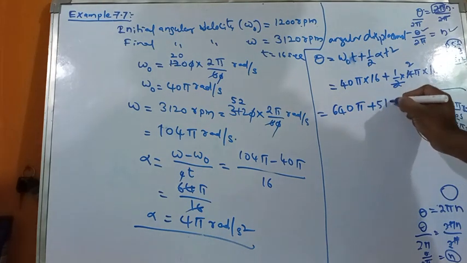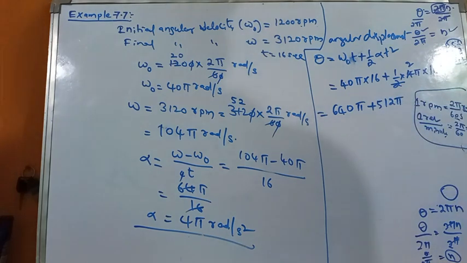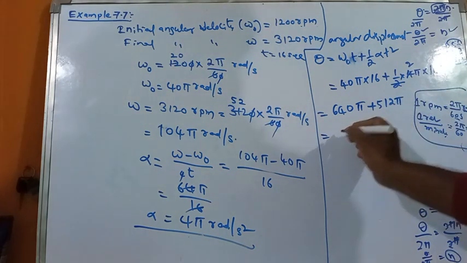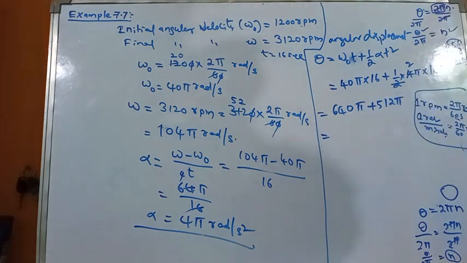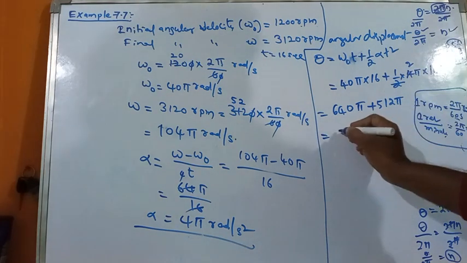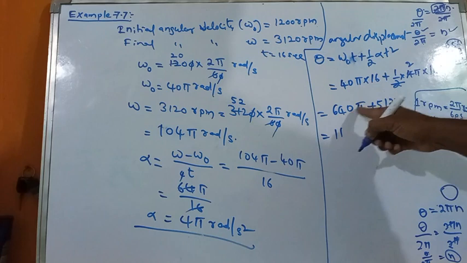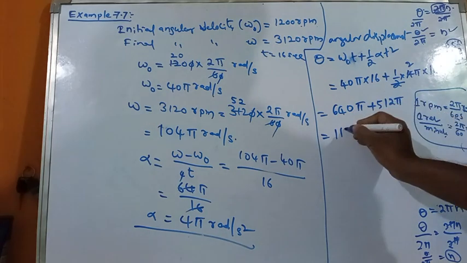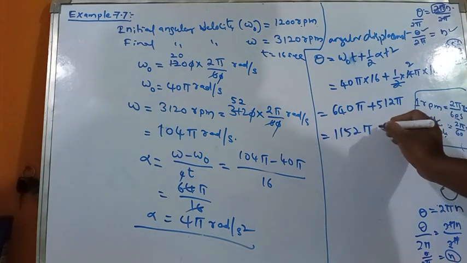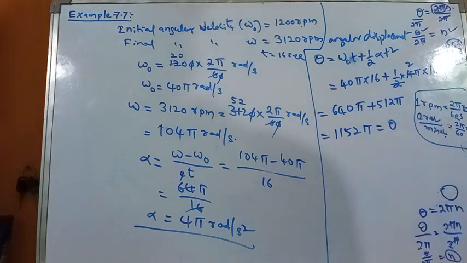So this is 512 pi. So it is 640 plus 512, that is 1152 pi. This is our angular displacement.